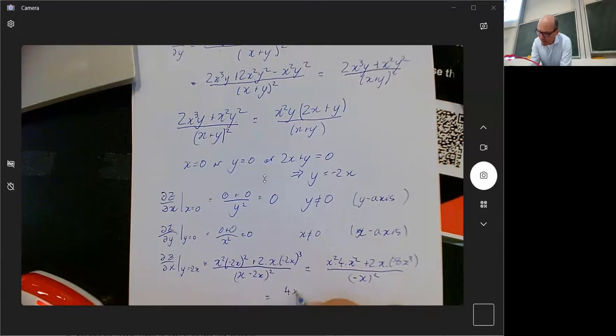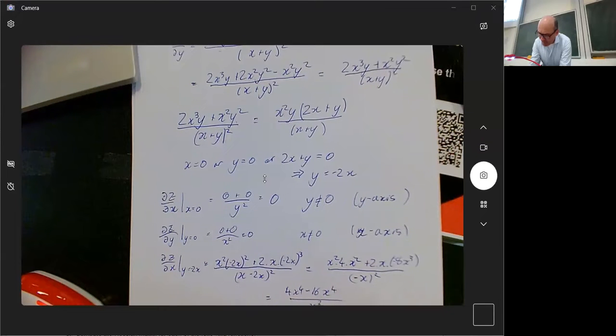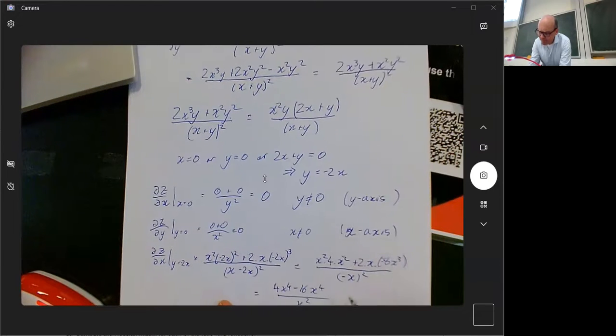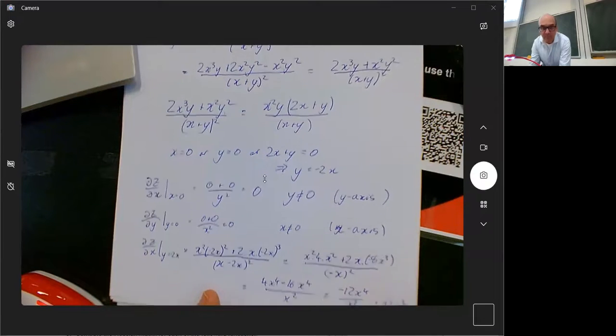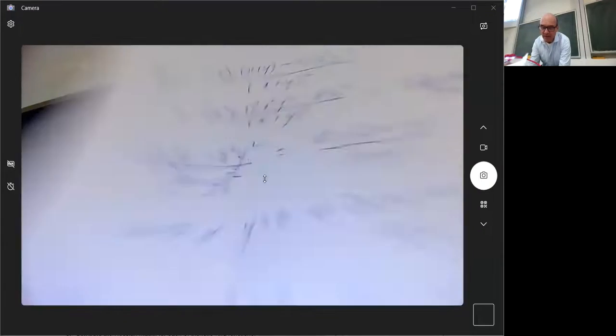So that's 4x to the 4, and that is minus 16x to the 4 on x squared.